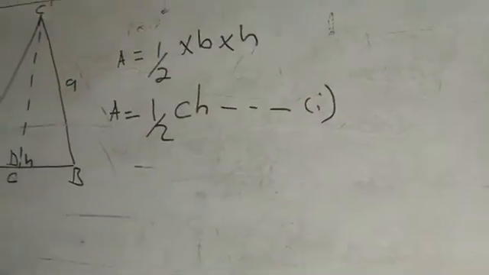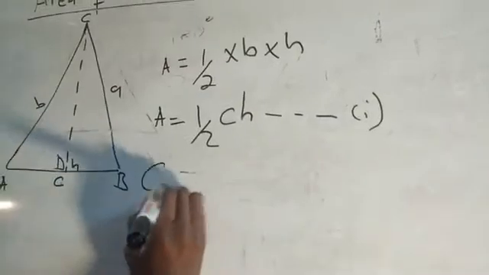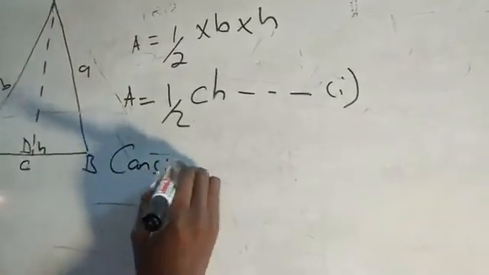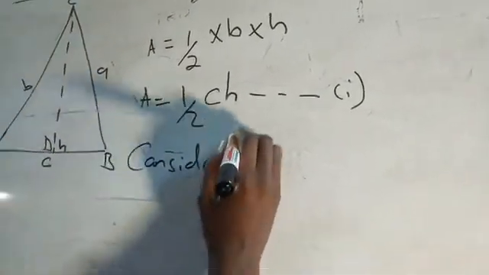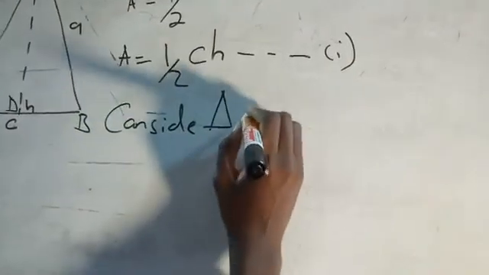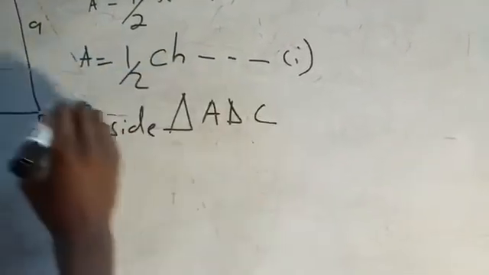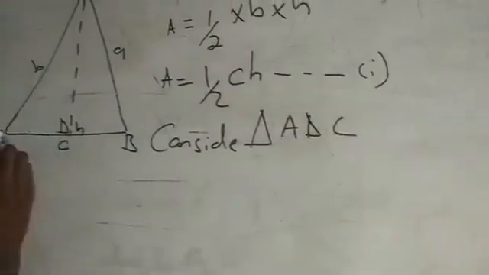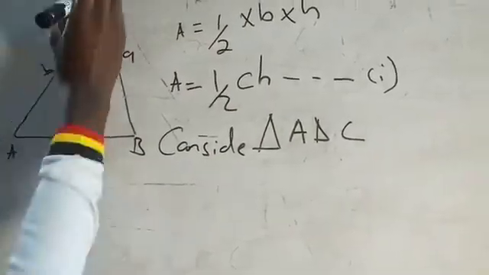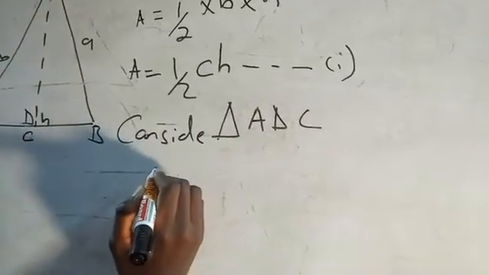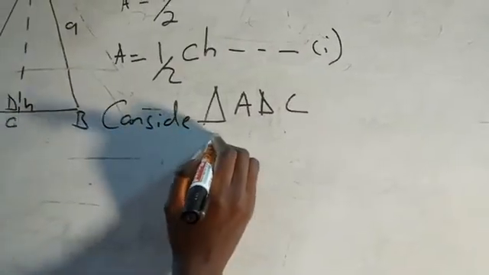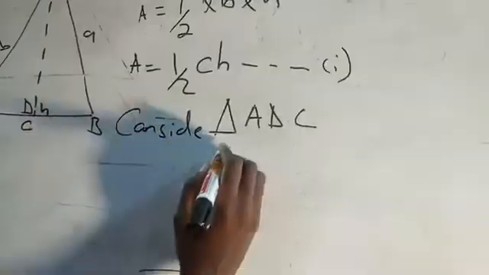So let's consider triangle ABC, and let me try to sketch it. It's here like this.